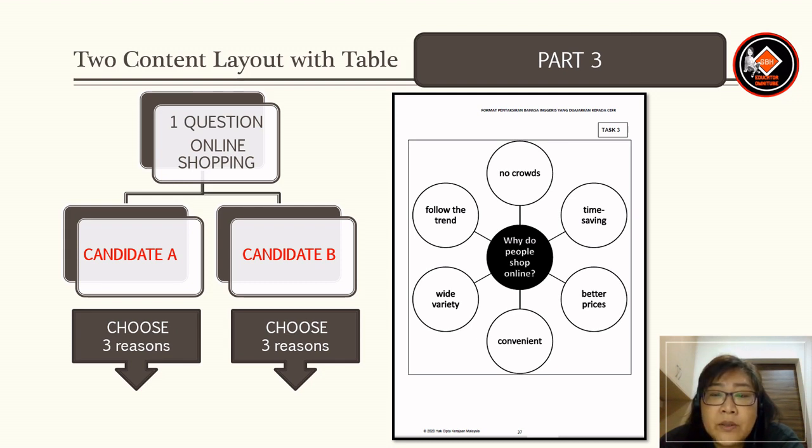Example here, why do people shop online? So there are 6 reasons. Maybe candidate A can choose follow the trend, no crowds and time saving, while candidate B can take wide variety, convenient and better prices. So at the end of your discussion, you have to choose the best reason.